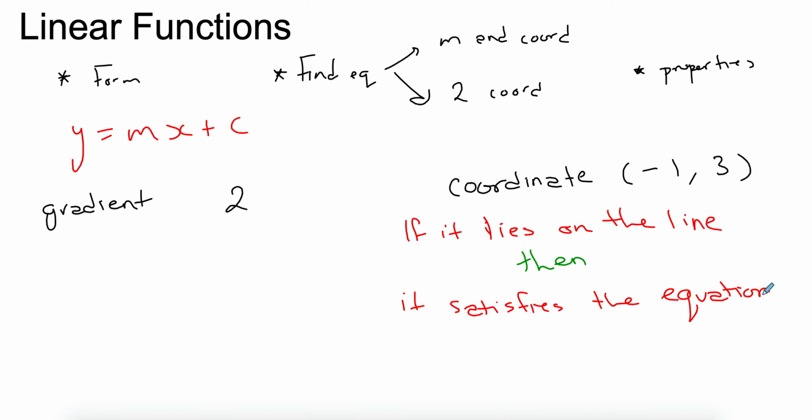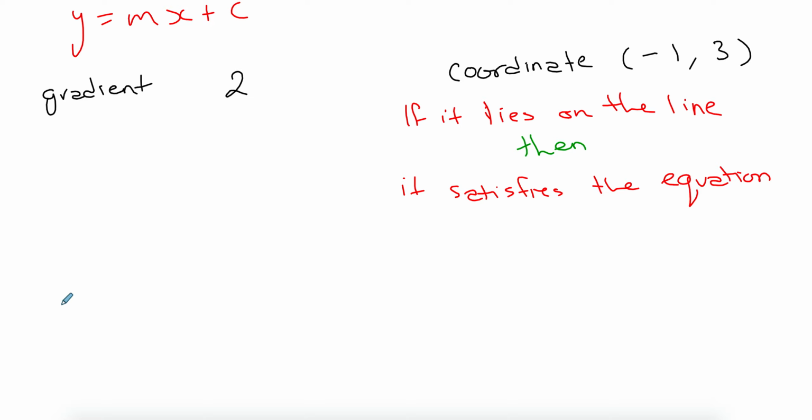It satisfies the equation means that if I plug this into my equation, it's going to fit. It's going to nicely fit and everything's going to be equal. So that's the main thing you need to remember.